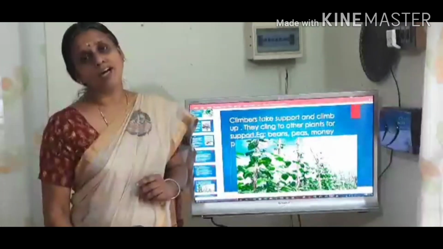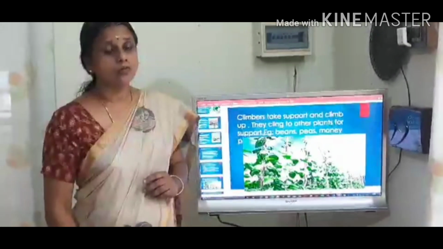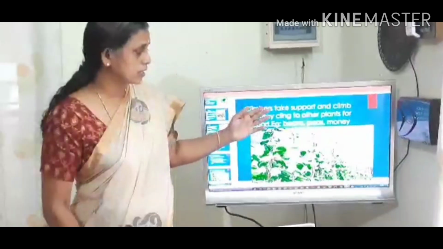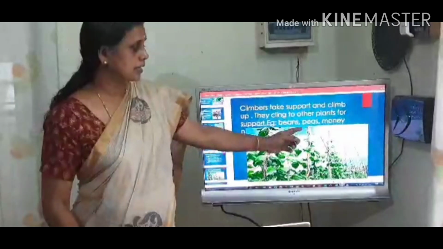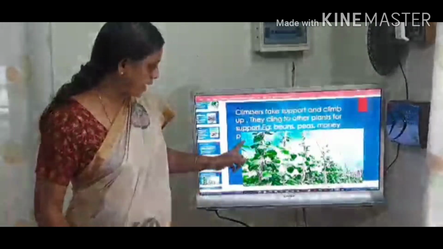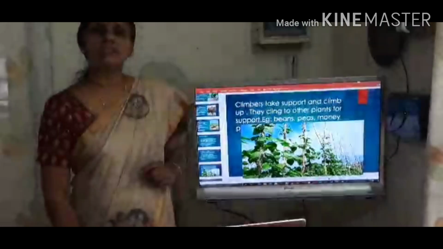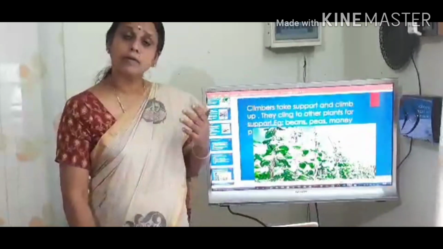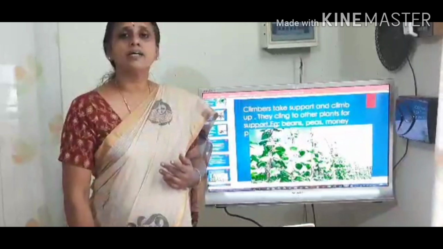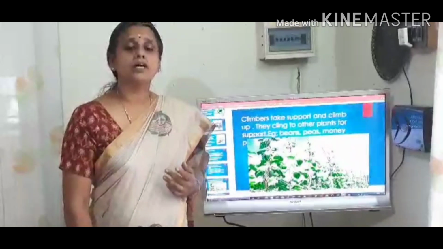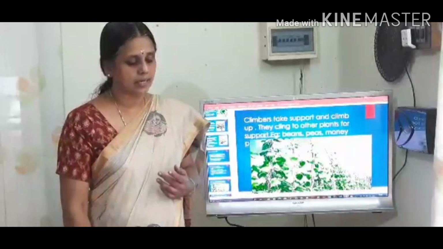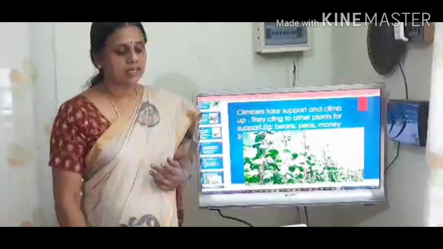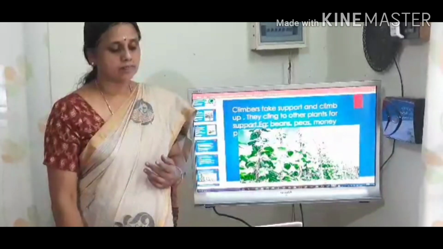It is also a climber. So they all always cling on other plants. Examples: beans, peas, money plant. So these are the climbers that we have around. There are many climbers. Now we'll see what comes next.